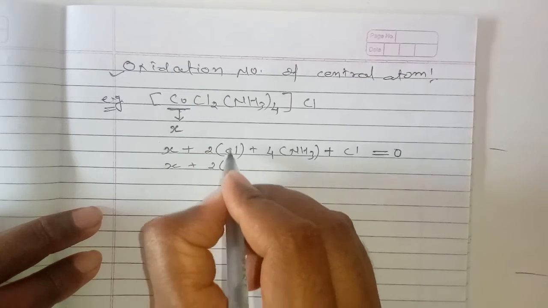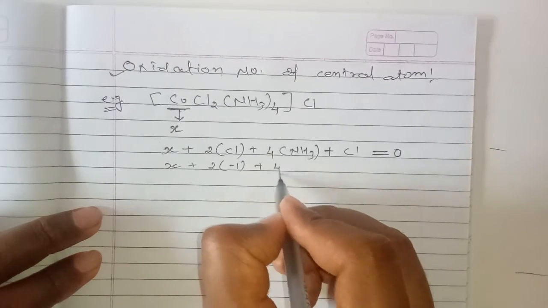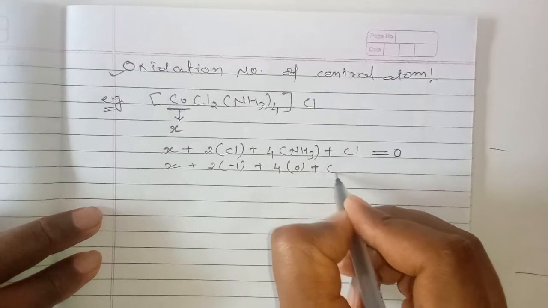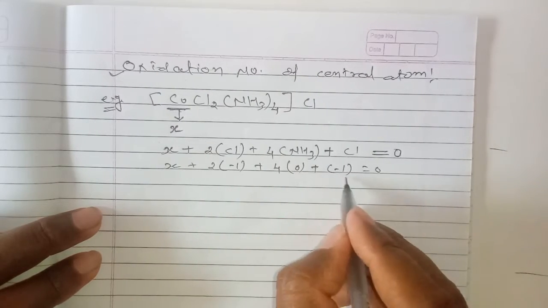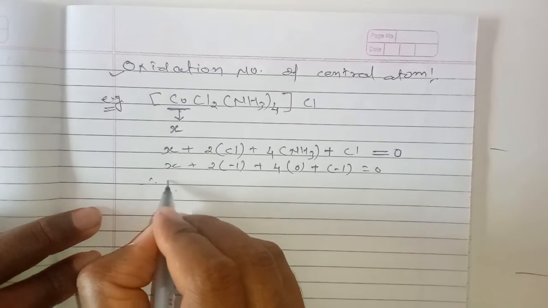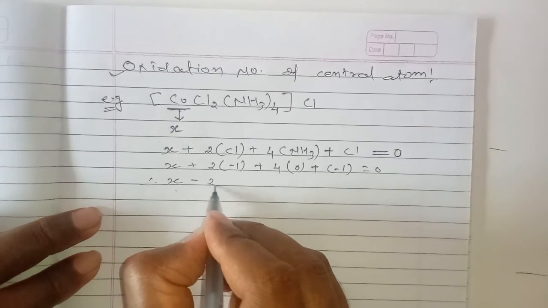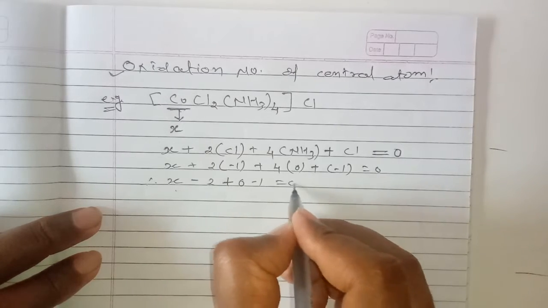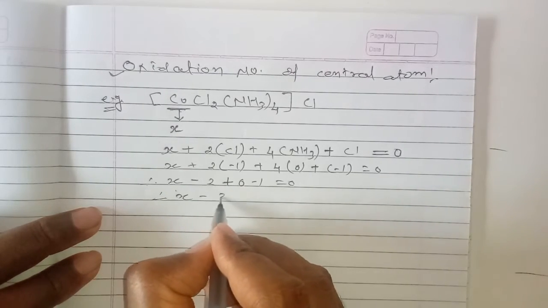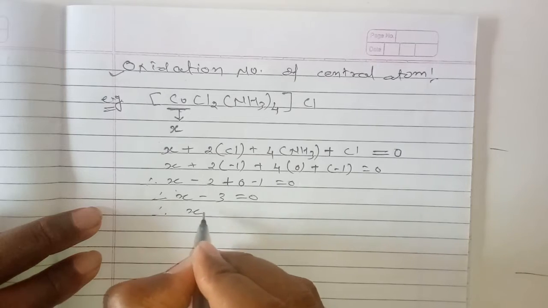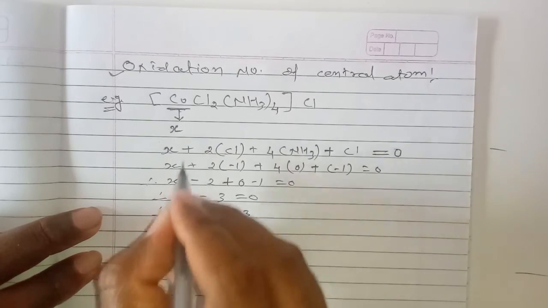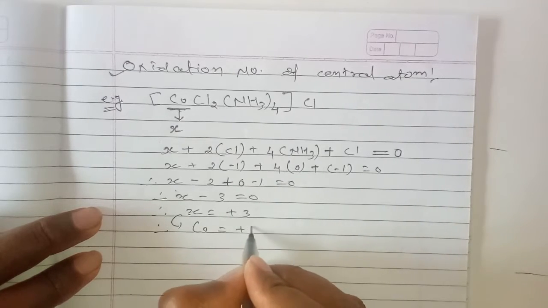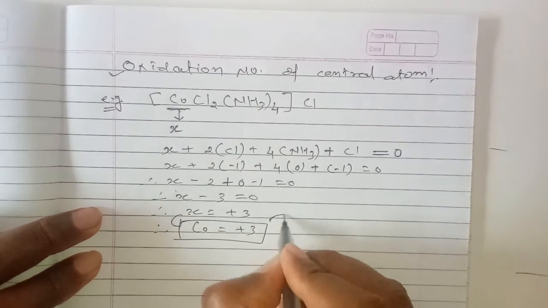Now for Cl minus 1, and here the neutral molecule and its oxidation number is 0. So X plus 2 times minus 1 plus 0 minus 1 equal to 0, therefore X minus 3 equal to 0, therefore X equal to plus 3. So X stands for cobalt, its oxidation number is plus 3.